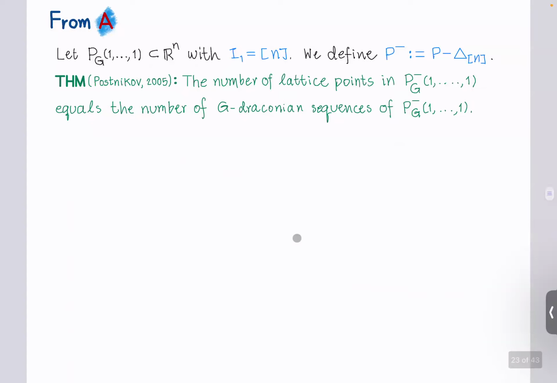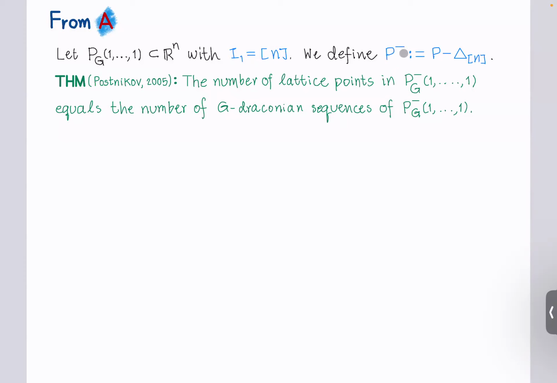Here's a theorem. Let P_G(1, 1, 1, 1) — so we only focus on the coefficients being 1, 1, 1, 1 here — with I_1 equal to the set [n]. Then we define P minus, and I'm going to call it the trim, right?